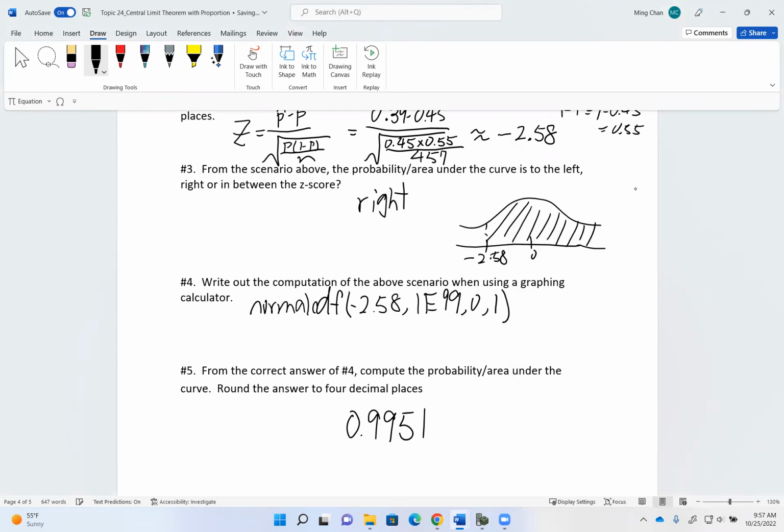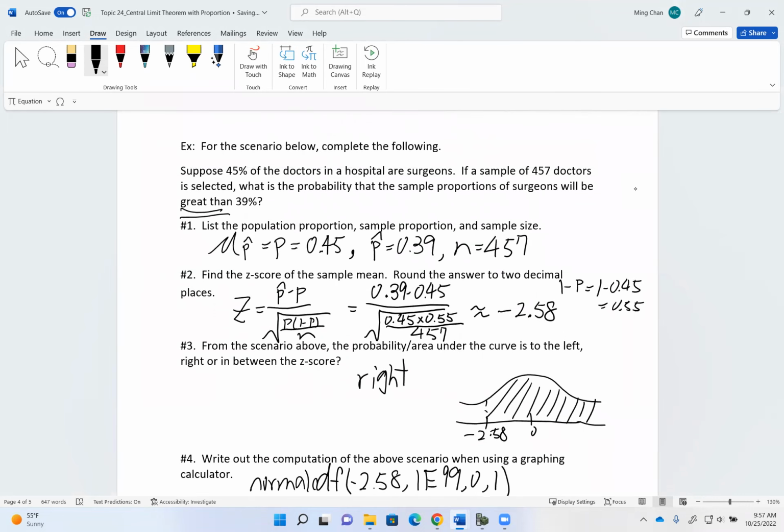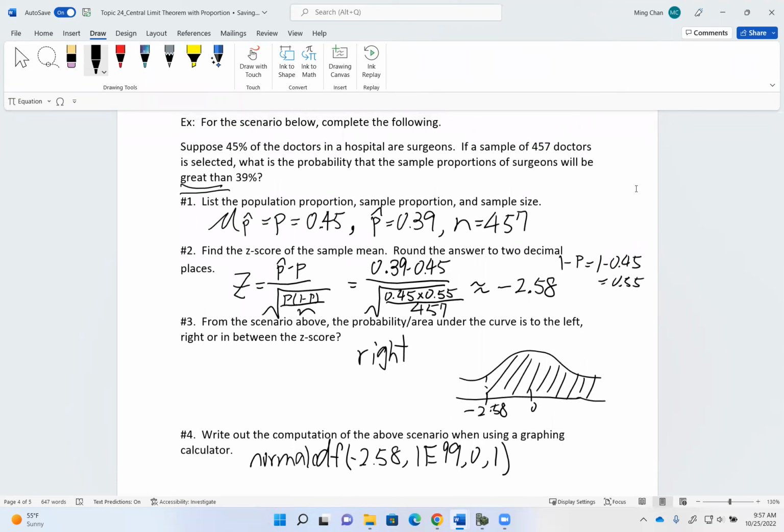So there's about a 99.51% chance that the proportion of surgeons will be more than 39%. So there is a 99.51% chance that surgeons will be greater than 39% of the doctors in that sample.